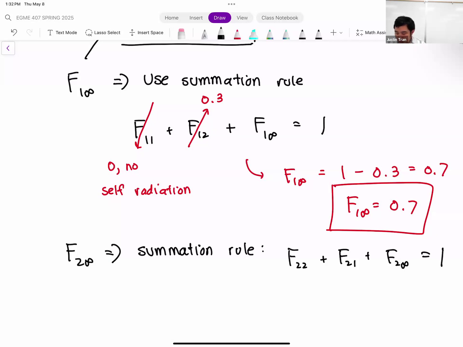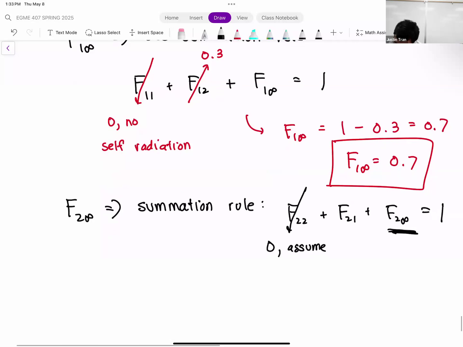F2 infinity is the one that we want, and we know that one's unknown at this point. I think I forgot to say, I think it says in the problem that F22 we can assume is 0 as well. Generally, unless the surface can very obviously radiate on itself, most of the time you're going to assume the self view factor is 0.